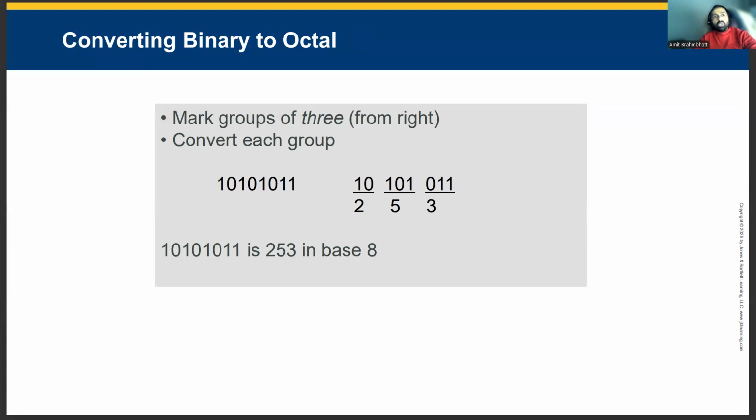Converting binary to octal. Here is an example that shows how to convert a binary number to octal by grouping bits. Starting from the right, binary digits are grouped into sets of 3. Each group is converted into its octal equivalent. For example, the number 10101011 is grouped and converted into the octal number 253.